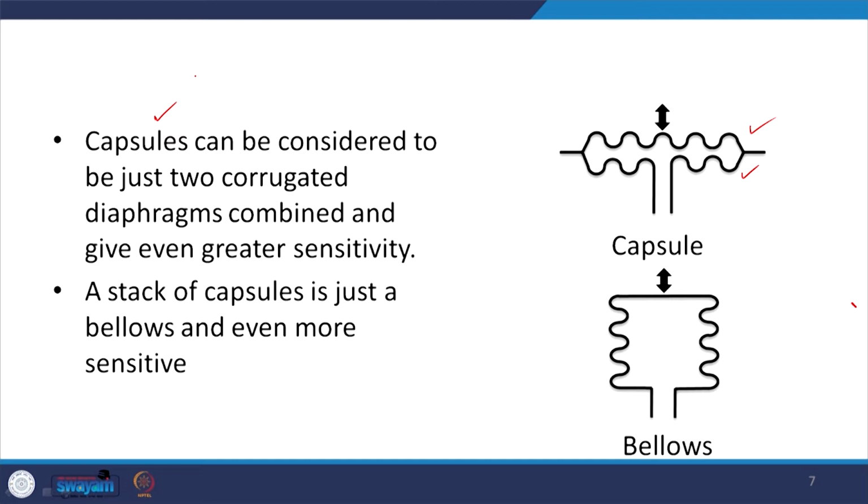And when we stack up capsules, it is what is called the bellows. A stacked capsule is just a bellows, and it is even more sensitive for pressure measurement. Now, these bellows can be combined with an LVDT to give a pressure sensor with an electrical output.